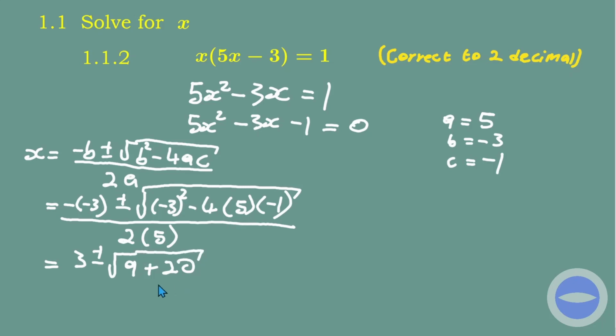Then close up the square root, then 2 multiplied by 5 makes 10.